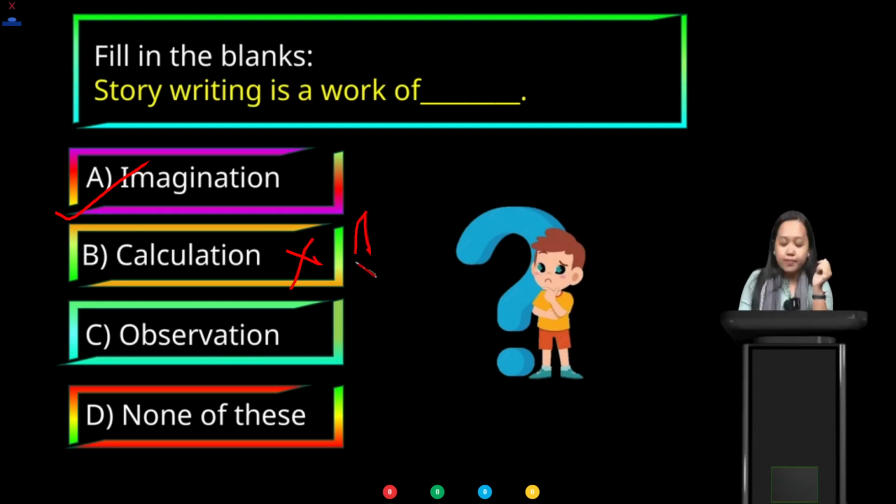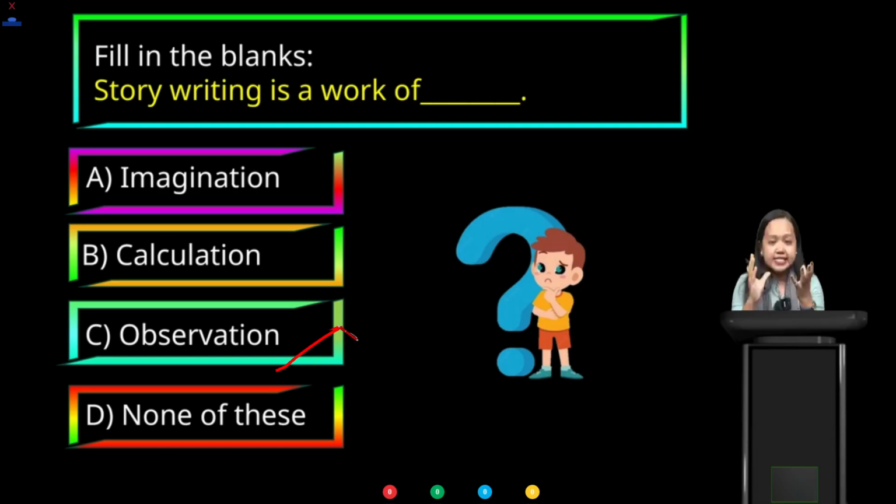It is not calculation or 1 plus 1 is equal to. It is not about observation. Observation means what we see. Most of the thing is not about observation. So this is also incorrect. None of this. So the correct answer is what? Option A, imagination. Whoever has selected option A, very good. You have understood what we have discussed.